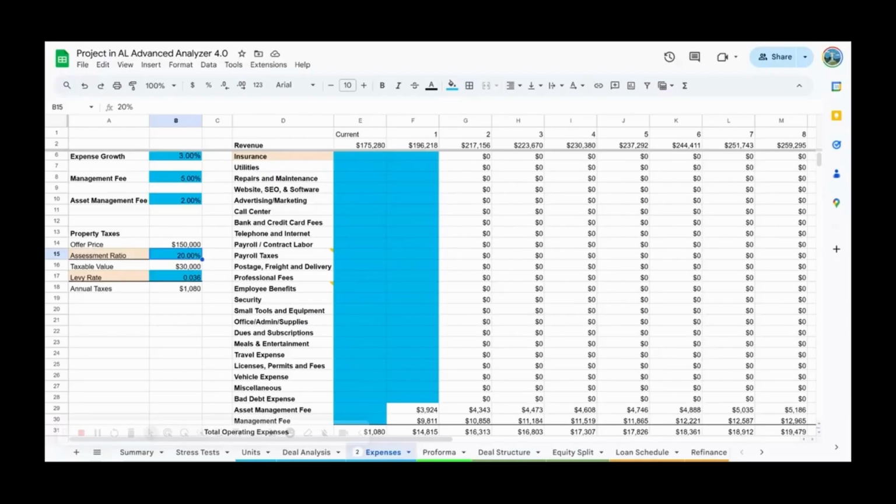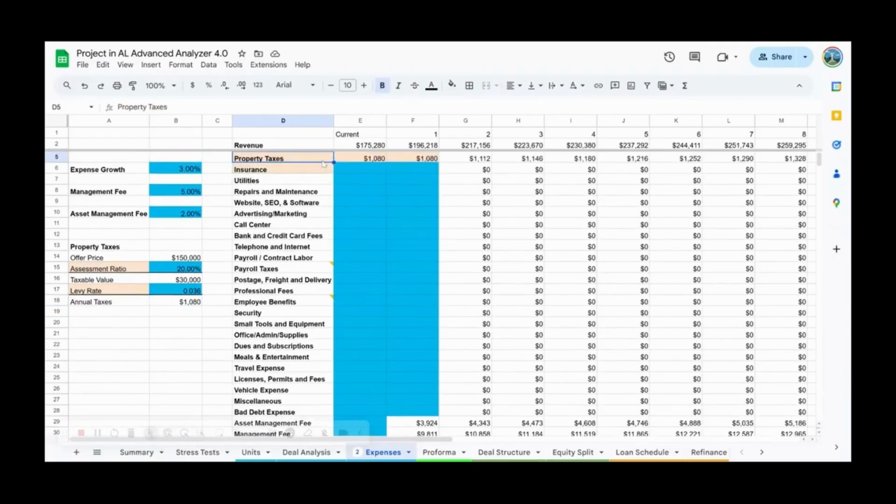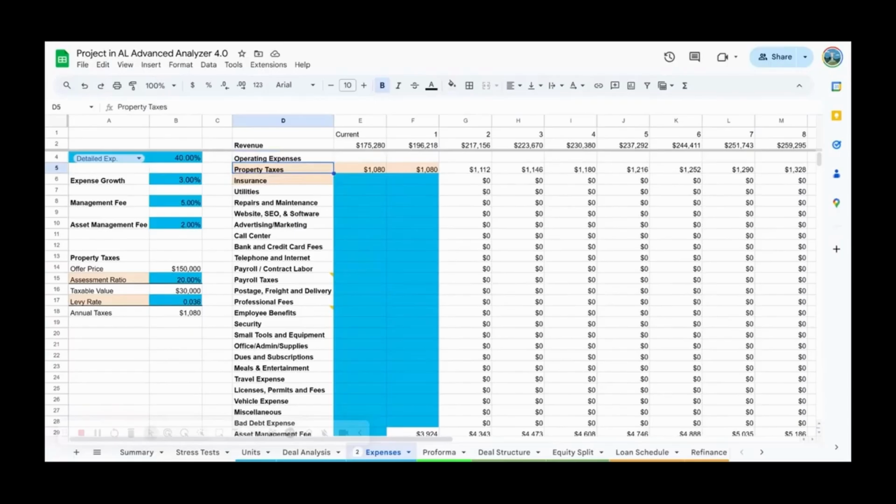And if they don't have tax records online, you may have to call the county assessor and get the exact assessment ratios and the millage rate, which is also called the levy rate. And then that'll calculate your exact annual taxes, and that value will be put in up here under property taxes.